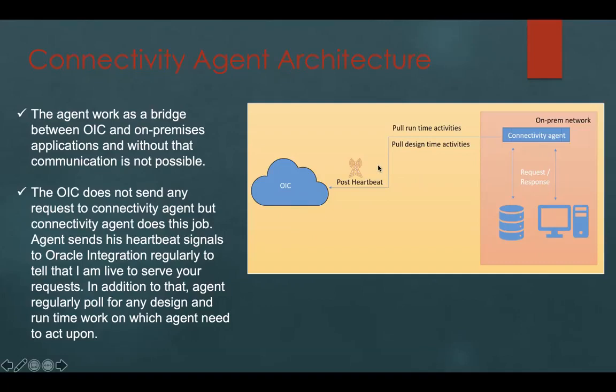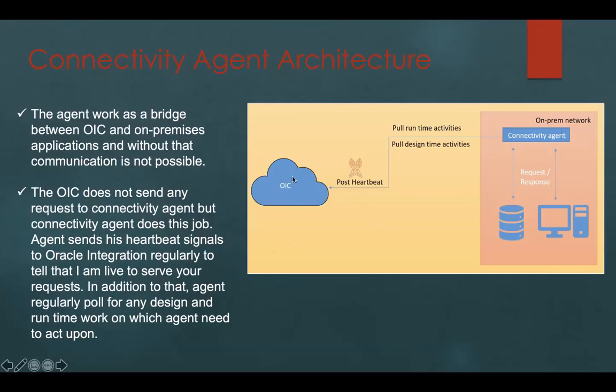Whether it is design time work or runtime work, the OIC does not send any request to the connectivity agent, but the connectivity agent does this job. The agent sends its heartbeat signals to Oracle Integration regularly to tell that I am alive to serve your request. In addition to that, the agent regularly calls for any design and runtime work on which the agent needs to act upon.